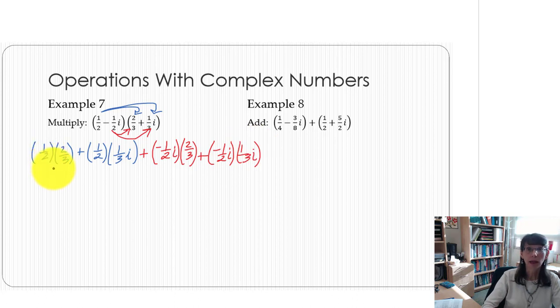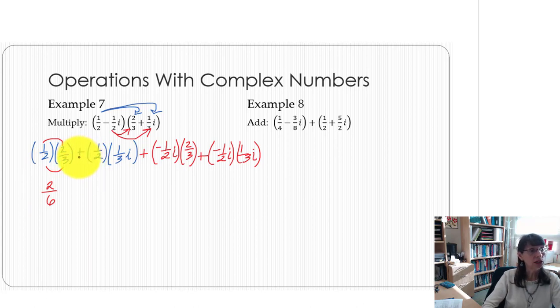So let's go back and multiply. Numerators are multiplied by each other, and then denominators are multiplied by each other. So the first fraction is going to be 2 divided by 6. Don't worry about reducing these fractions right now. Let's just find all of the products first.